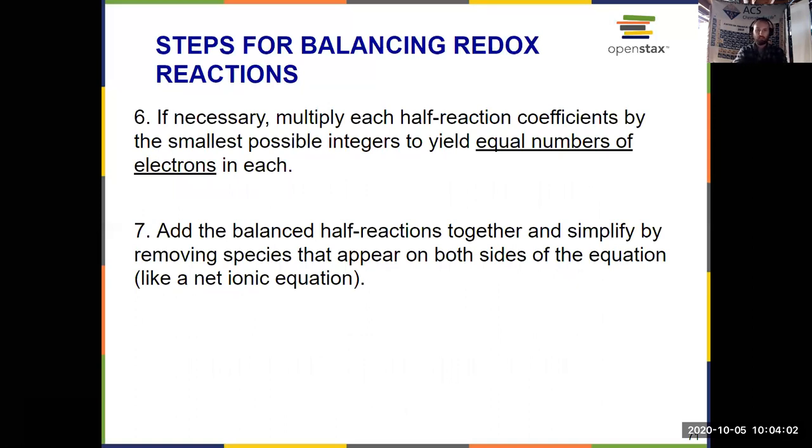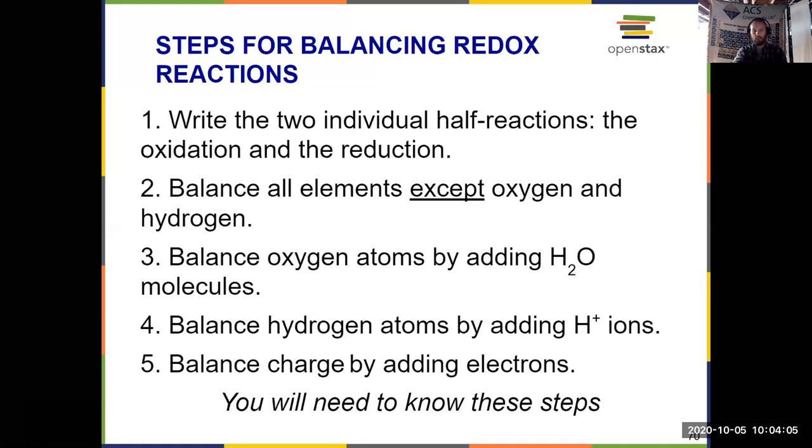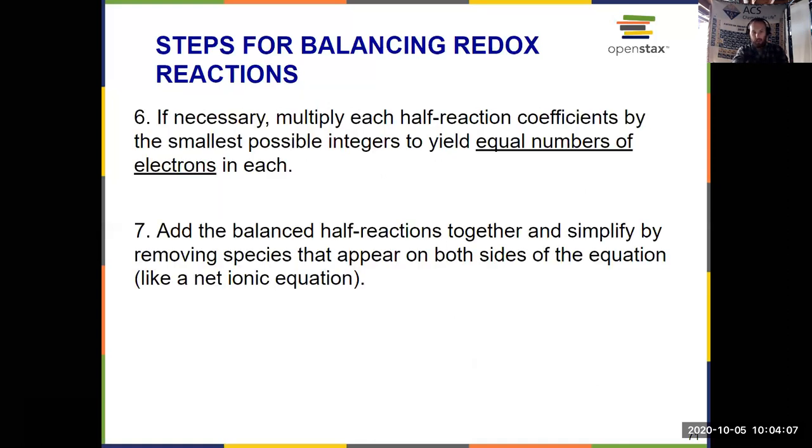The first 5 steps you do to both half reactions. After you do that, you have to make sure the electrons that are involved in each of the half reactions are equal to one another.